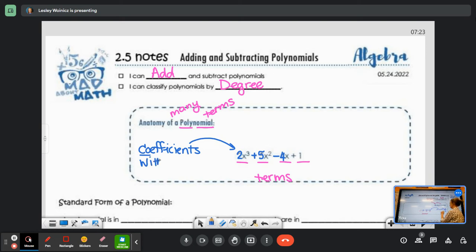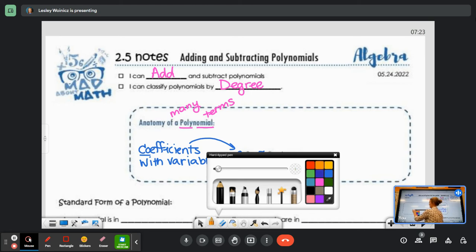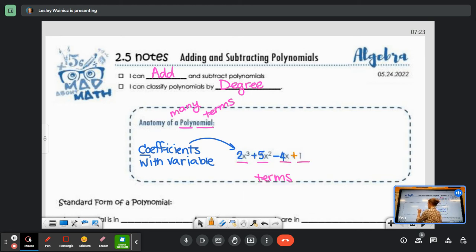With the variable. So the coefficients are with the variable. All right, this little one at the end that doesn't have a variable, he's all alone. Okay, he's a constant. That's our constant term.